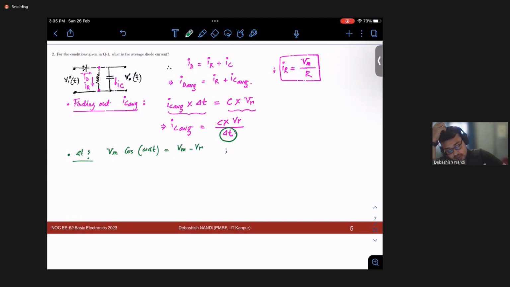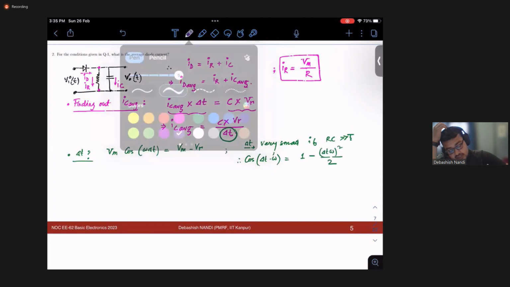Again, your delta T will be very small if your RC is much greater than T. Then you can simply write cos of omega delta T as 1 minus (delta T omega) whole square by 2.